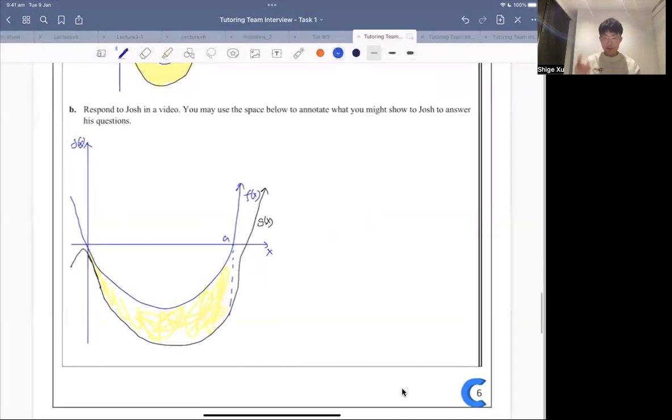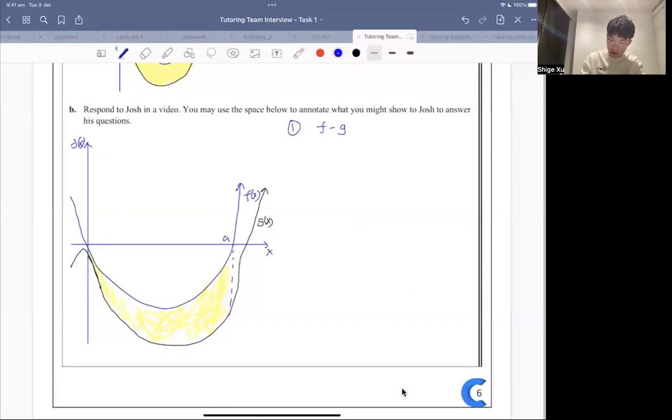So we have two ways to think about this. One way, we can think about the function f minus g. What does that do? Basically, for every value of f of x, it subtracts g of x from it. Between 0 and a, everything is negative.